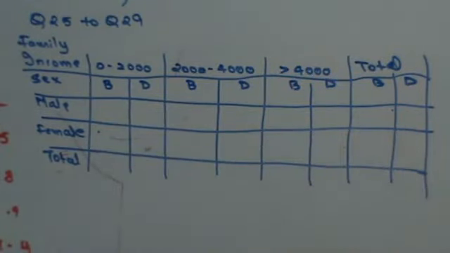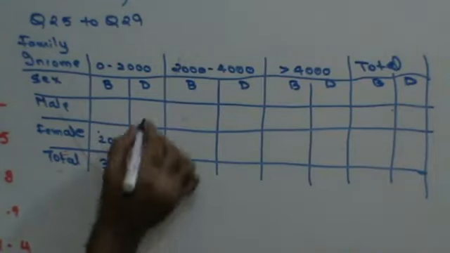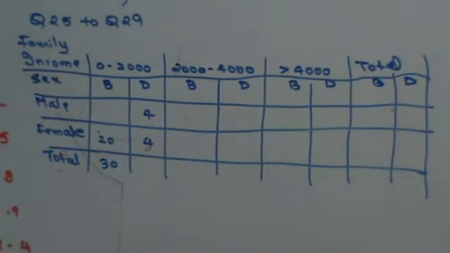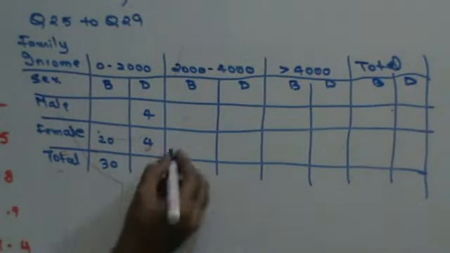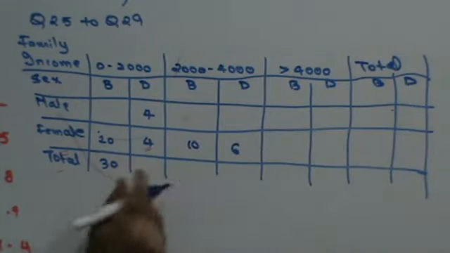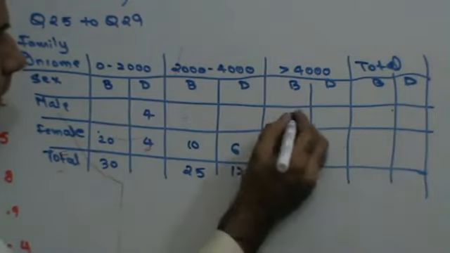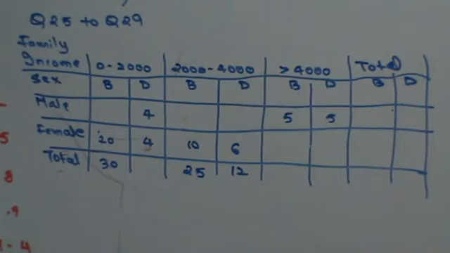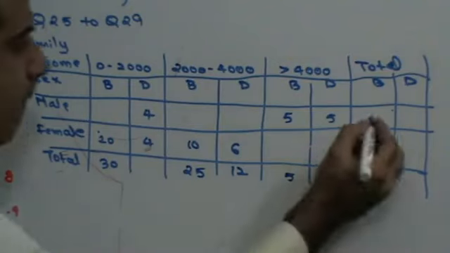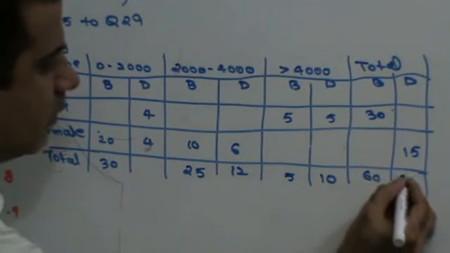Right, the data given to me is 20, 30, 4, 4, 10, 6, 25, 12, then 5, 5, 5, 10, and 30, 15, 60, 30.